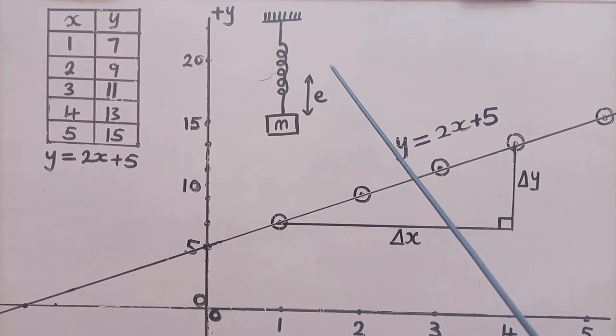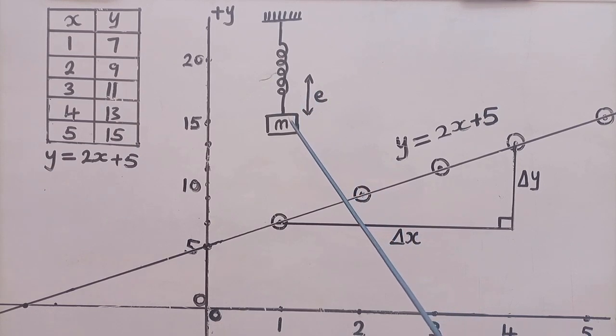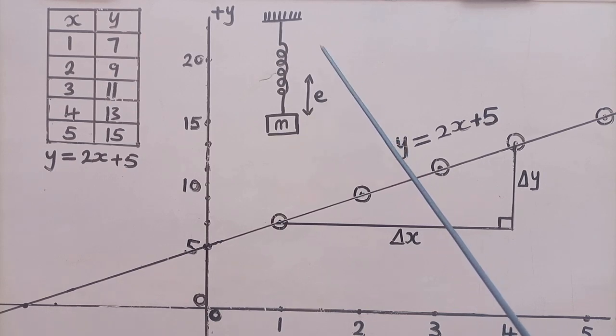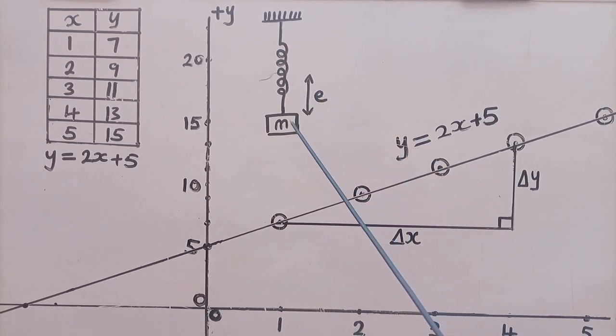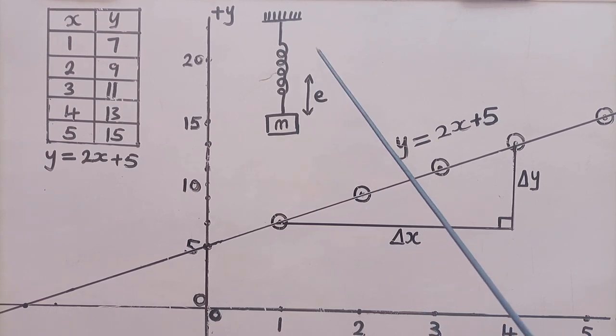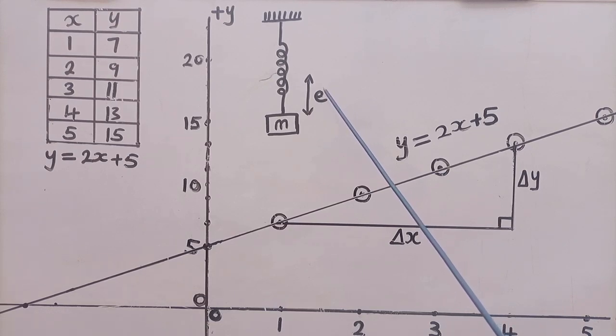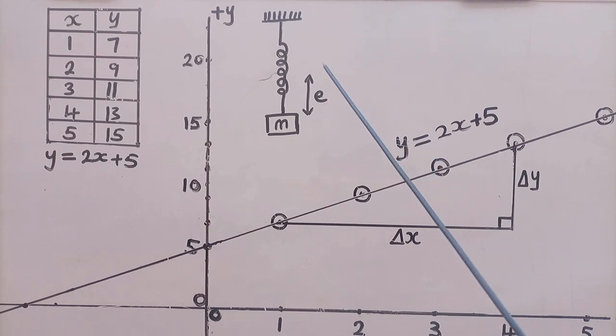Please, think about it. If this mass is in kilograms and this extension is in millimeters, what it means is that every unit kilogram of mass will produce a particular amount of extension in millimeters. Right now, just think about it again.